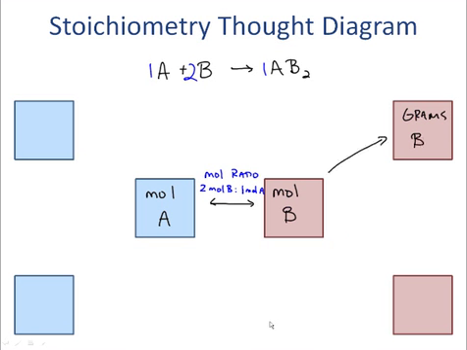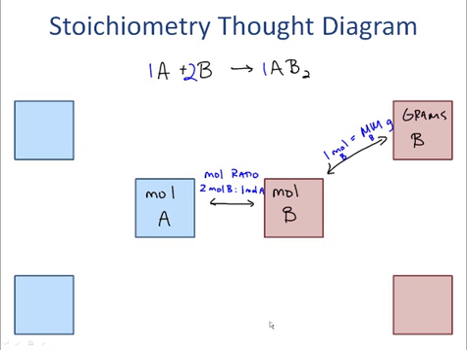And to go back and forth between moles and grams, just like we did last unit, we're going to use our equality that 1 mole of a substance, in this case B, is equal to the molar mass of B in grams. And so I can use that to go back and forth.